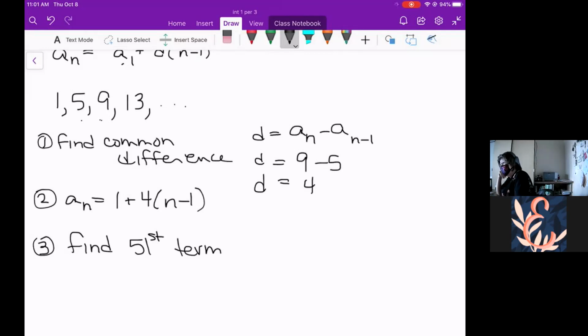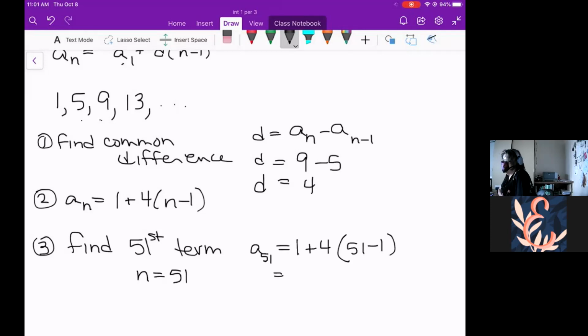Well, this is n, right? 51st term is n, so n is equal to 51. Plug 51 into it. So now I'm going to take my formula. So A sub 51 equals 1 plus 4 times 51 minus 1.